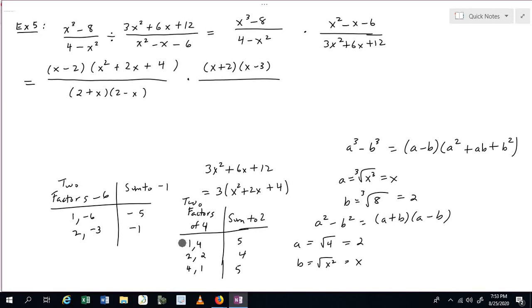You should check the negatives too: -4 and -1 add up to -5, and -2 and -2 add up to -4, so that doesn't work either. The sum of the 2 factors of 4 never adds up to 2. So this doesn't factor.